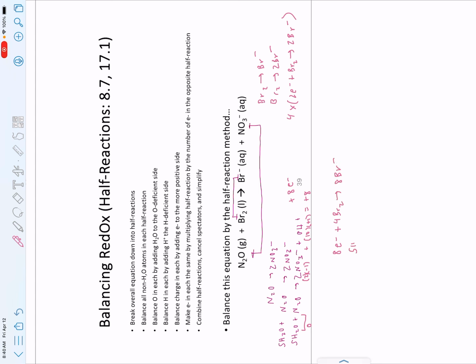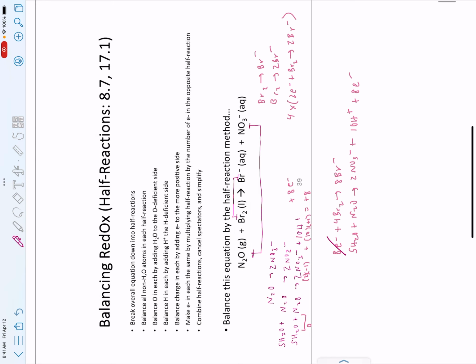And on the right-hand side, I have 2 nitrates, 10 H pluses, and 8 electrons. The electrons must cancel. If they don't cancel, you've done something wrong. Right? So those are going to go away.